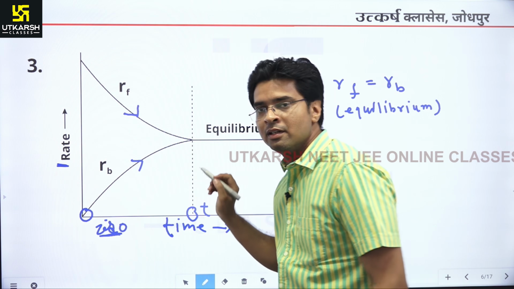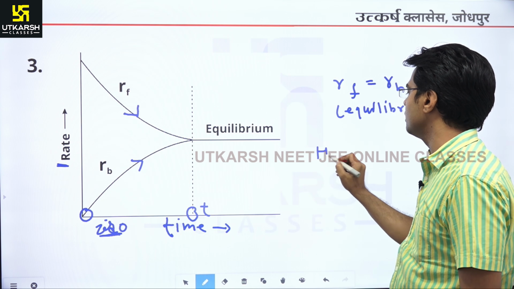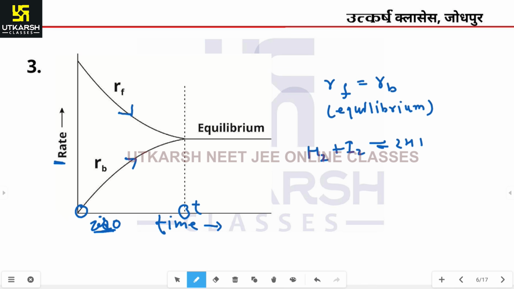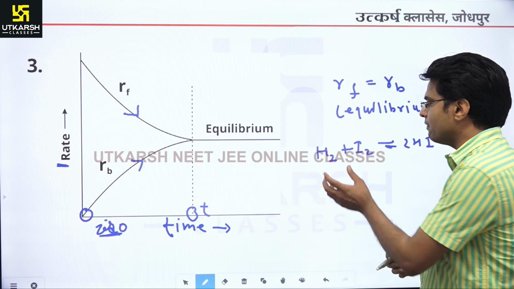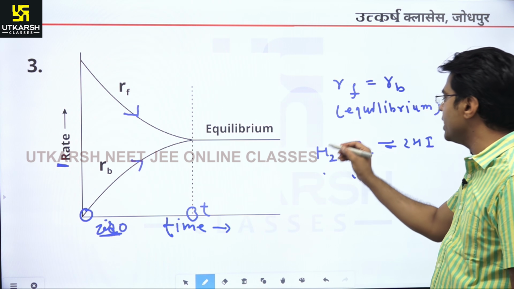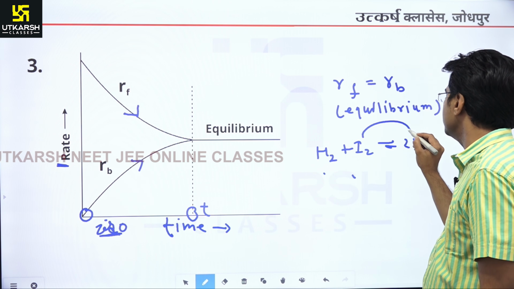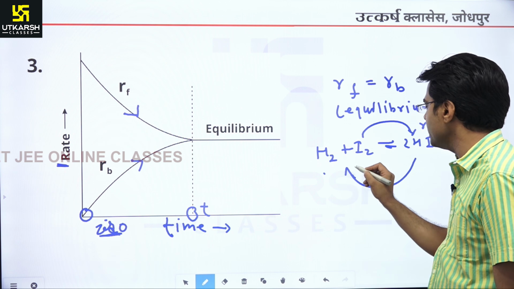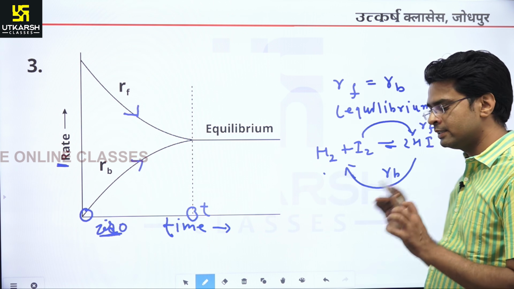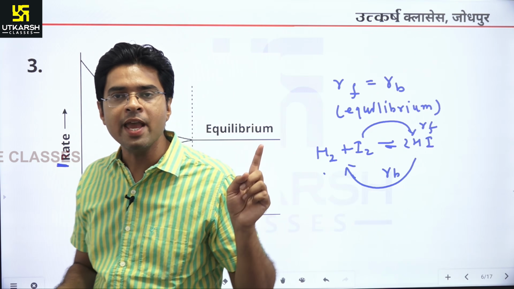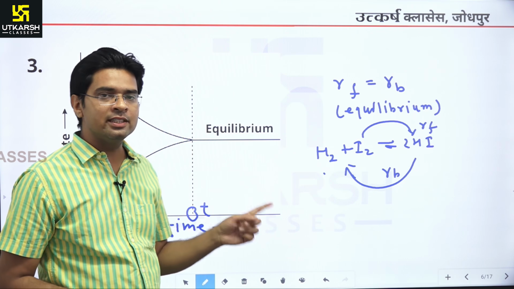RB increases. For example, let's say hydrogen and iodine combine and produce 2HI. Initially we are having hydrogen and iodine only. With time this hydrogen and iodine are converted into HI, so the concentration of hydrogen and iodine decreases while the concentration of HI increases, and that is the reason why RF decreases with time while RB increases with time.